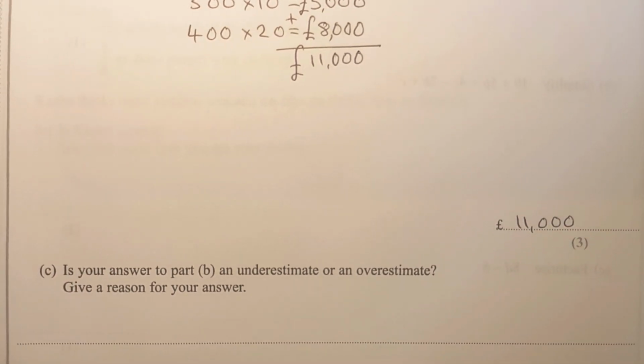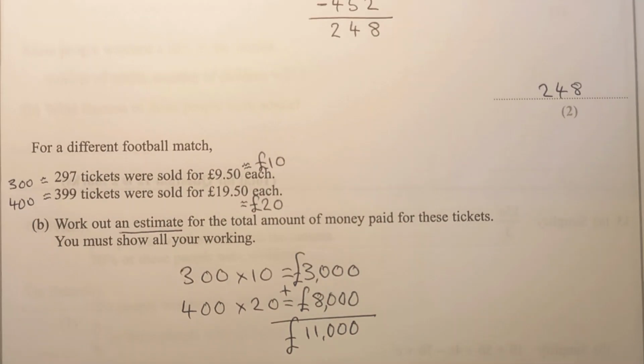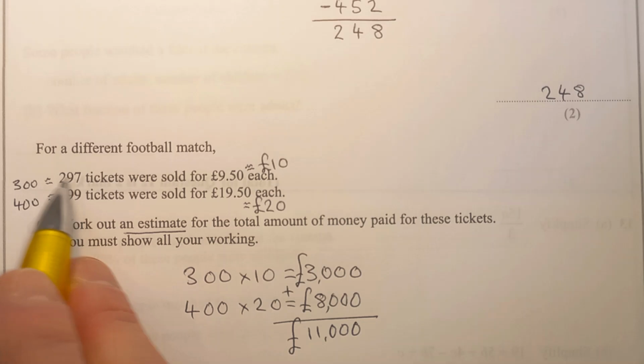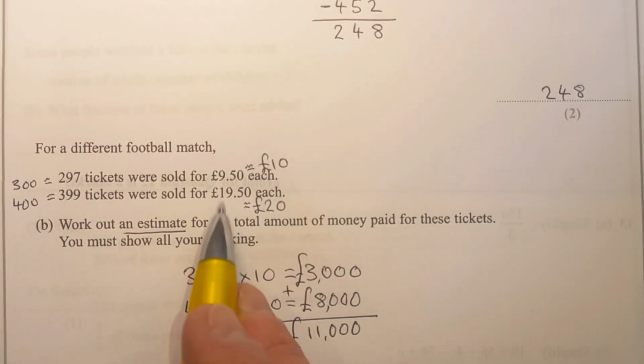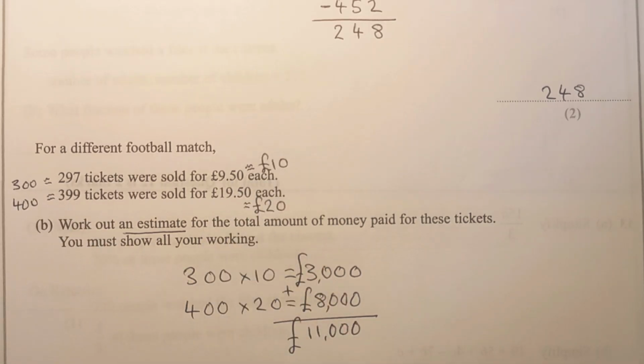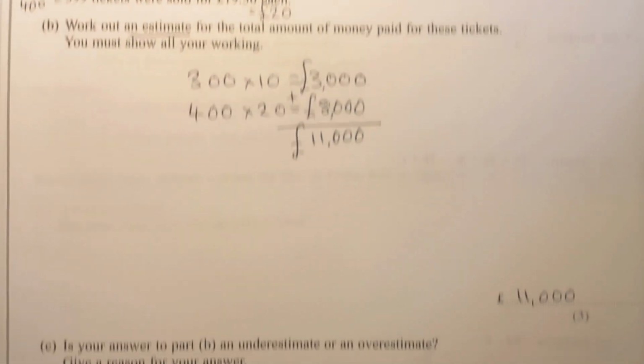Part C: is your answer to part B an underestimate or an overestimate? Give a reason for your answer. Well, let's have a look back at all the rounding that we did. All of these we rounded up. So everything we do is going to be bigger than it is in real life.